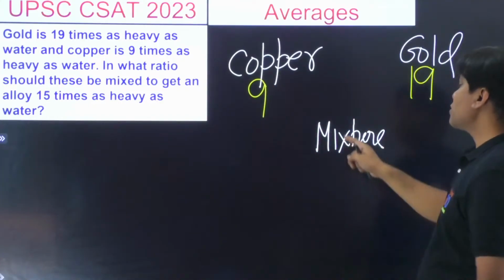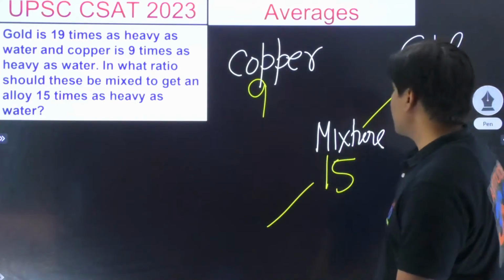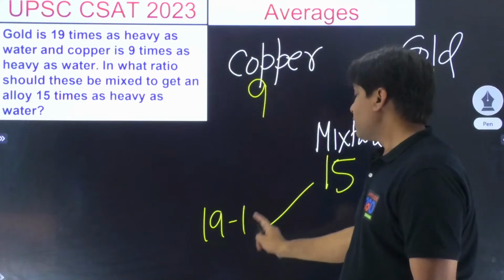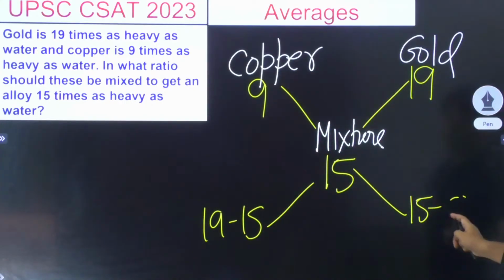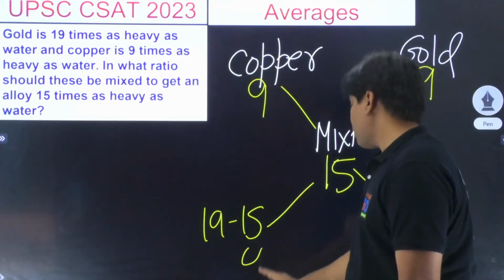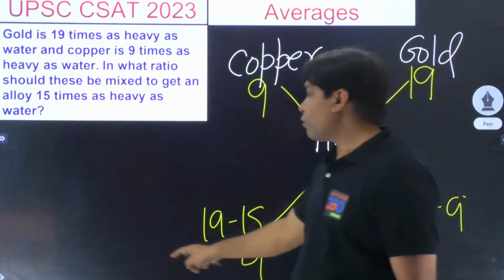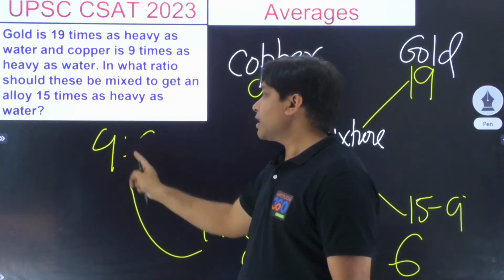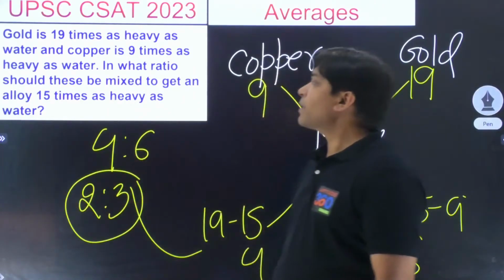In what ratio should we mix them so that the mixture is 15? So this minus this, 19 minus 15 here and 15 minus 9 there, what do we get out here? This is 4 and this is 6. In what ratio should we mix them? 4:6, which is nothing but 2:3. So this is coming out as 2:3.